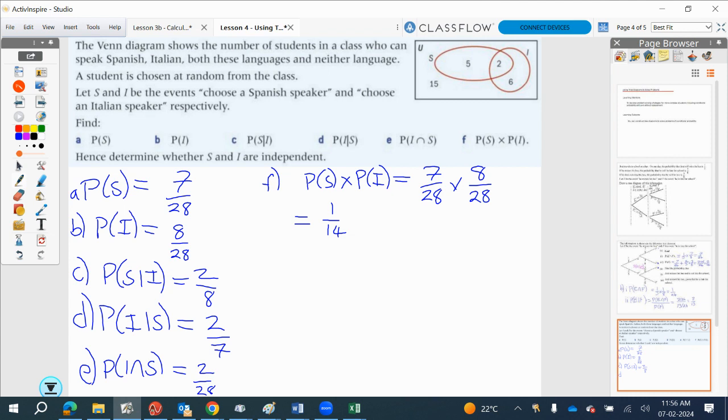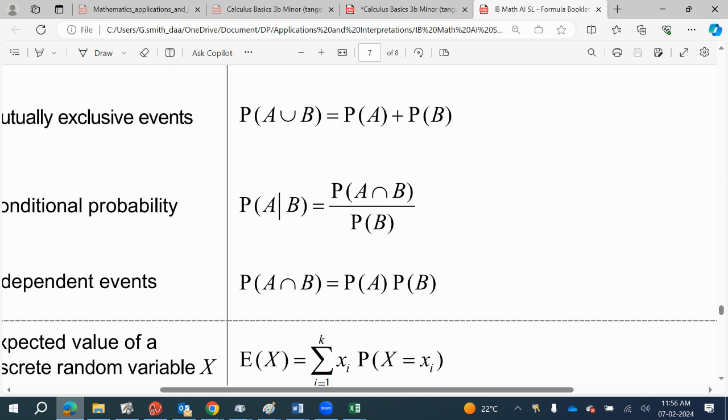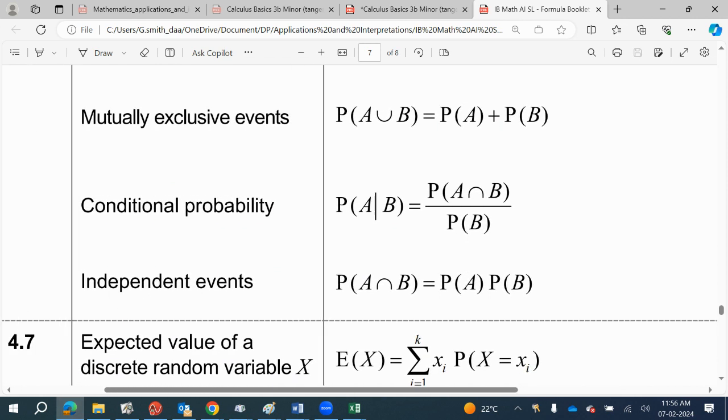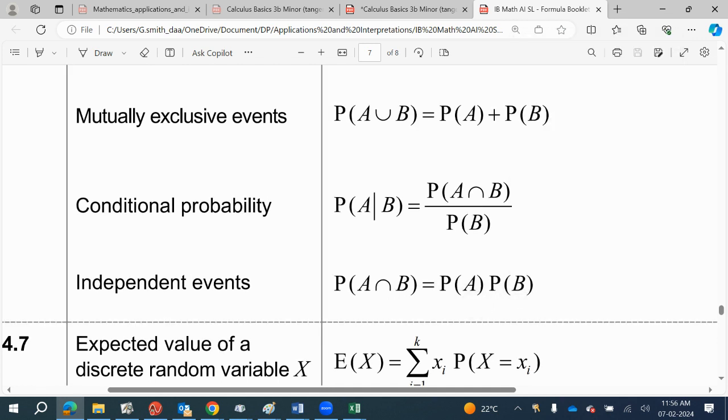So let me see your formula sheet. Which one are you using? In our formula, we want the formula for independent events. Events are independent if the intersection equals the product of each event.